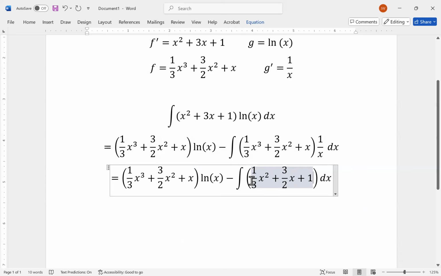And now I'm just integrating a polynomial. So the fact that the derivative of natural log of x is 1 over x means it works really nicely in conjunction with polynomials, because I can multiply 1 over x times any polynomial, and then the degrees of each term just go down by 1.